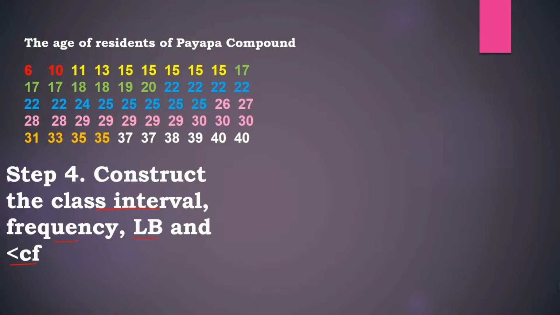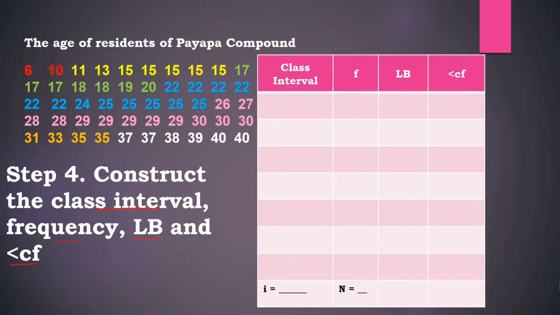So here's the table, and take note that the size of the class interval is 5, and there are 7 classes.